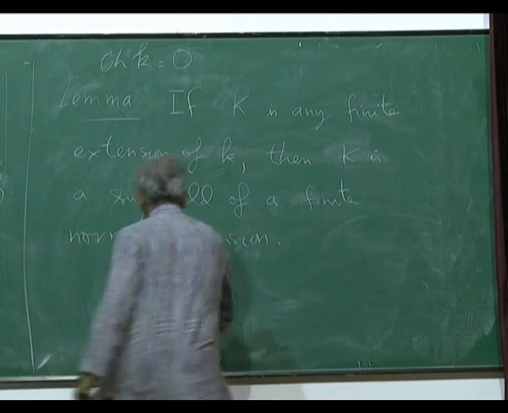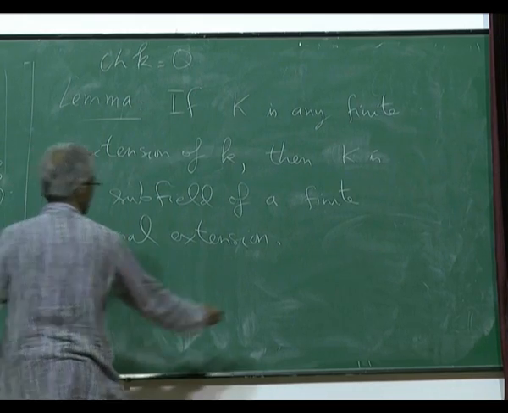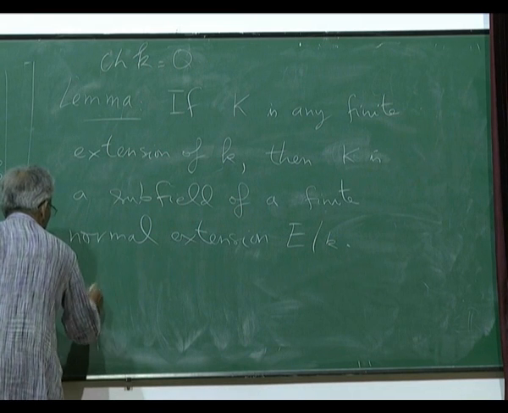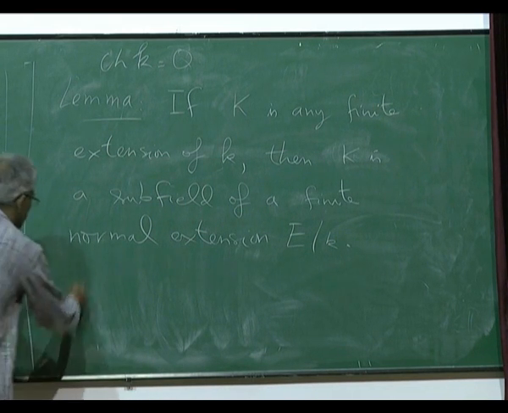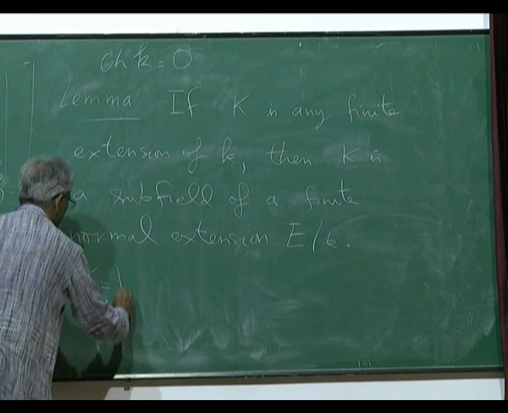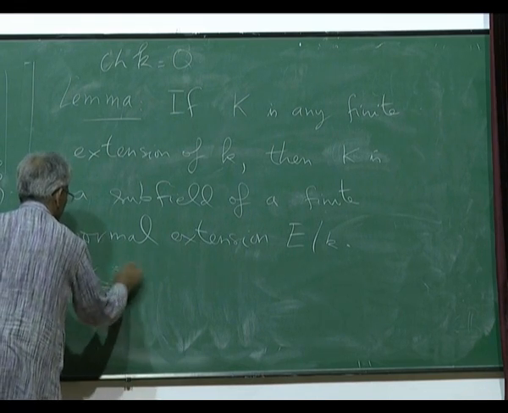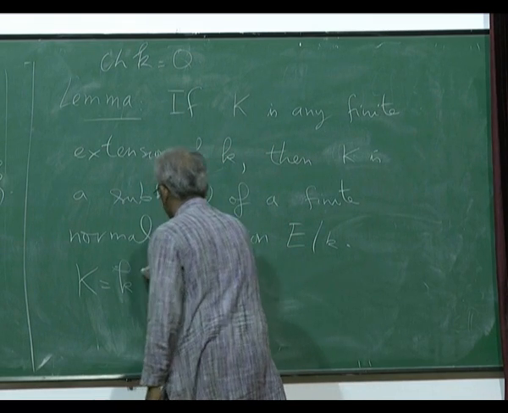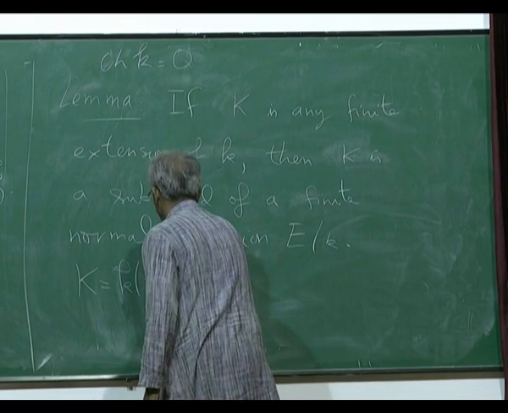Well, it's a rather trivial thing to see. So, for E over K, it's simple to see because you write K as small k adjoin alpha.